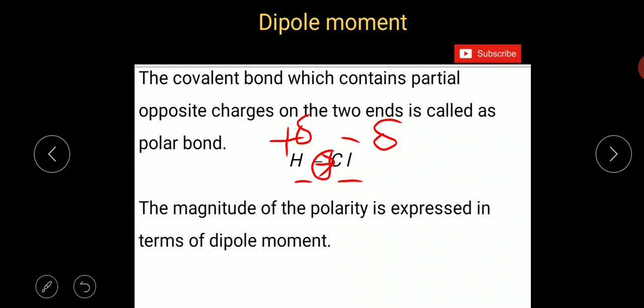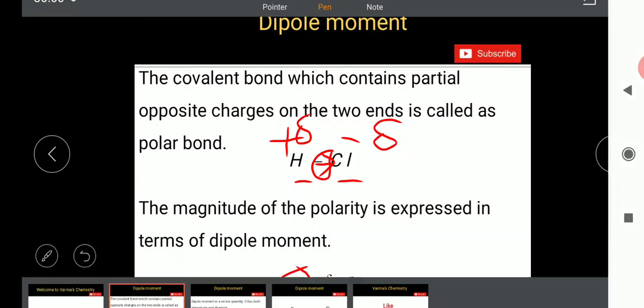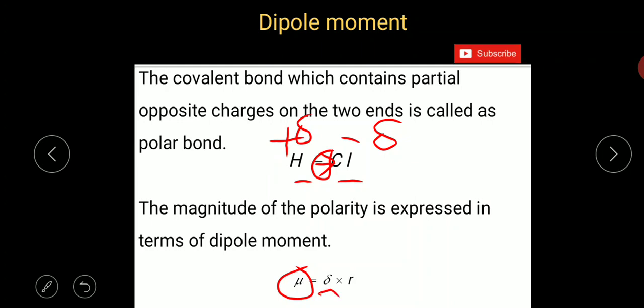and the magnitude of this polarity is expressed in terms of dipole moment. It can be determined using the formula mu equals delta times R, where mu indicates dipole moment, delta is the charge on the atom, and R is the bond distance, the distance between the nuclei of two atoms.